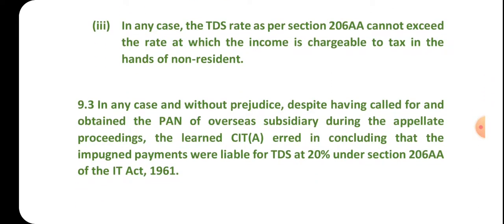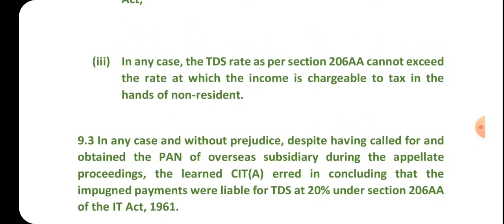In any case and without prejudice, despite having called for and obtained the PAN of the overseas subsidiary during the appellate proceeding, the learned CIT appeal erred in concluding that the impugned payments were liable to TDS at the rate of 20% under section 206AA of the Income Tax Act 1961.